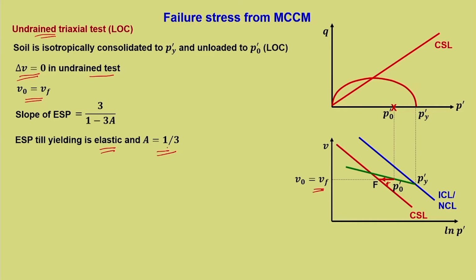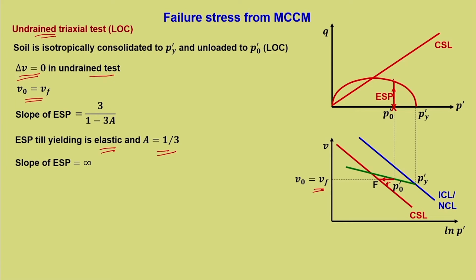We are pointing towards the same ideas, but in this particular case we are adding yielding into the picture, while all these facts remain the same. So if it is elastic behavior, A has to be 1 by 3, and when you substitute it, it will be infinity, so it will be vertically upwards.